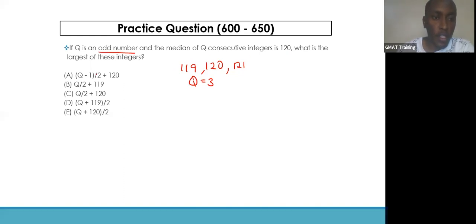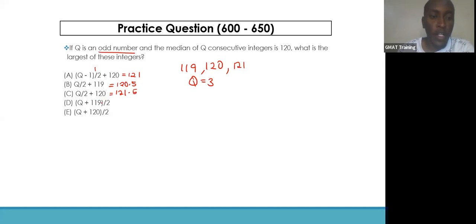All right, let's try A. Q minus 1, that's 3 minus 1, which is 2. 2 divided by 2 is 1. 1 plus 120 is 121. Q is equal to 3. 3 divided by 2 is 1.5. 1.5 plus 119 is 120.5. Q divided by 2 is 3 divided by 2, that's 1.5. 1.5 plus 120 is 121.5.